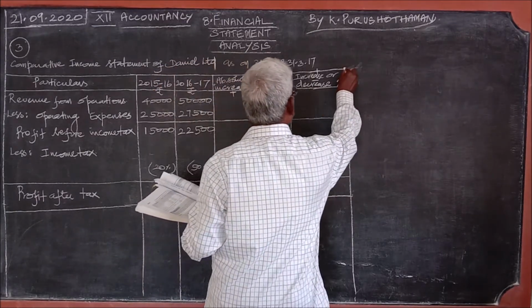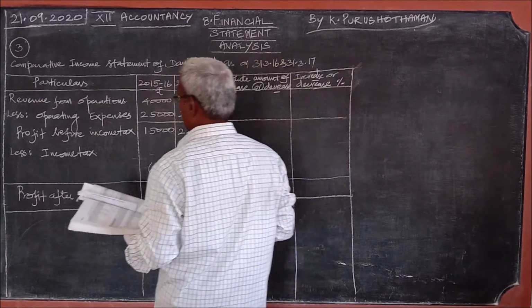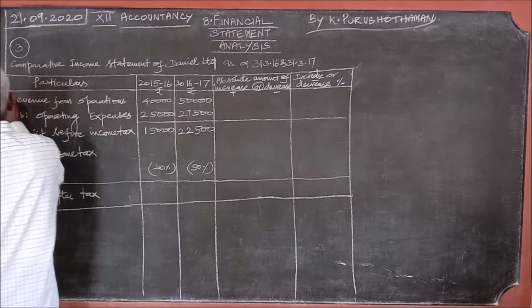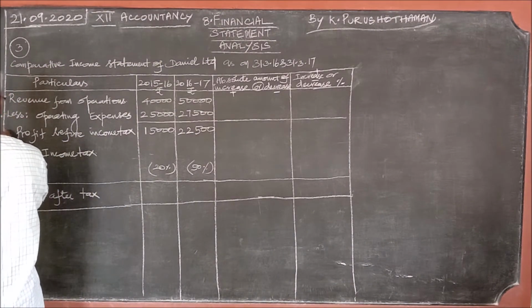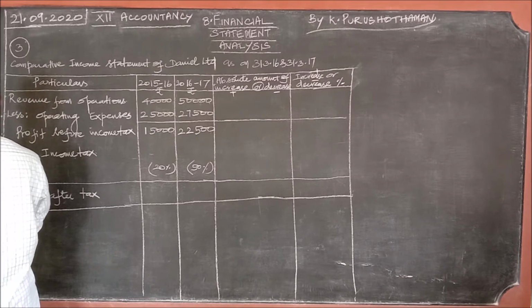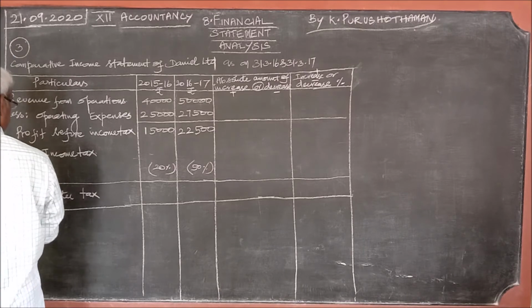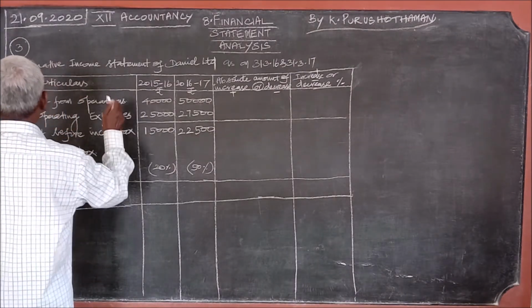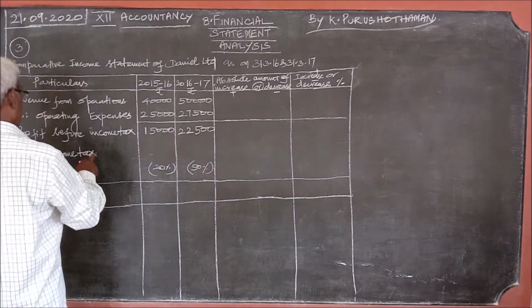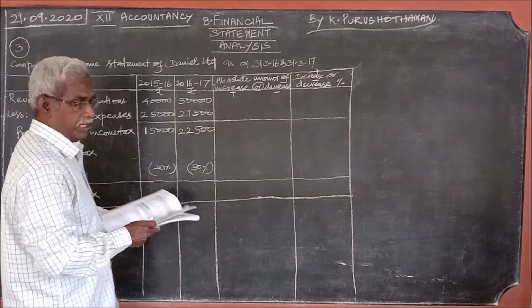As I said in the beginning, what are the items here? This is 1, this is 2, this is 3, this is 4, and this is 5. The calculations should be made for all these 5, and in addition income tax also should be calculated.